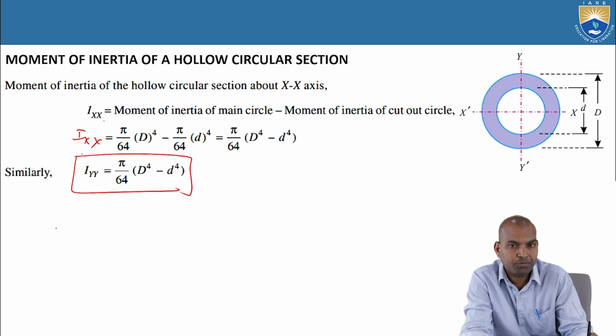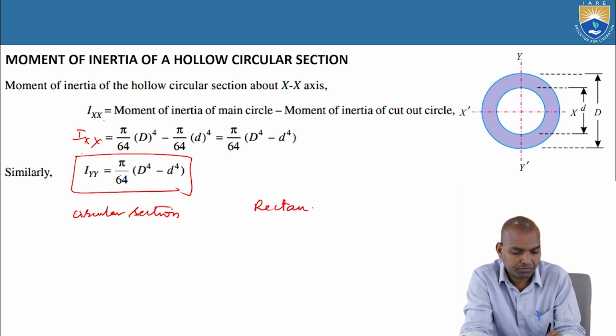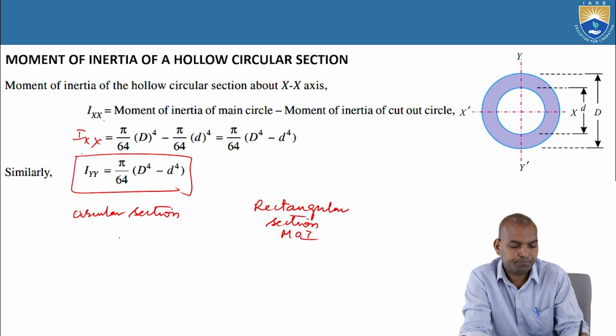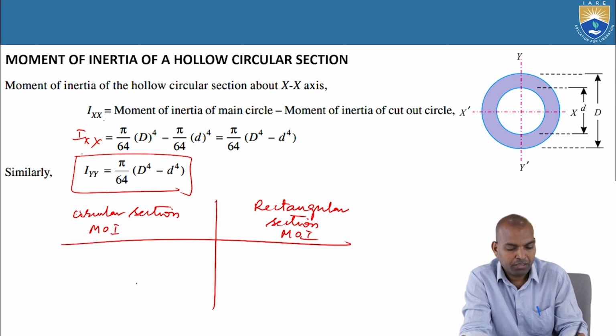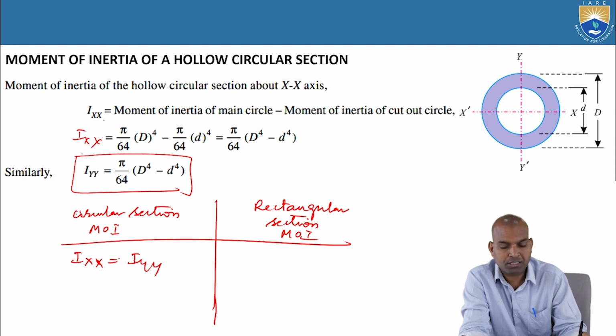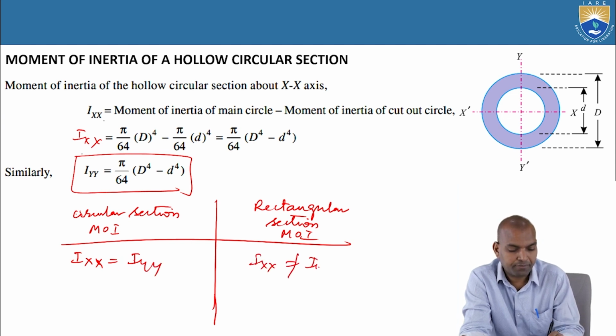Now here, if we carefully observe, we compare the moment of inertia of the rectangular section and the circular section. For the circular section, the moment of inertia about both axis xx and axis yy are the same, but in the rectangular case it is not the same.